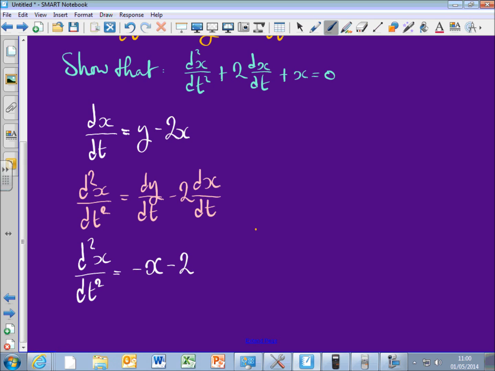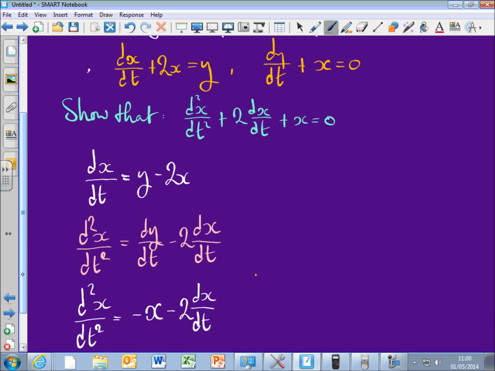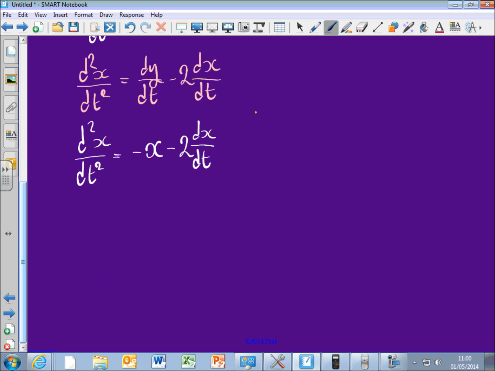Minus 2 dx dt. Now look at what we're trying to show. Just move it all onto the left and it will equal 0, yeah? So it's plus 2, that's what we were trying to show, wasn't it? Pretty much, equals 0. So that one's done.